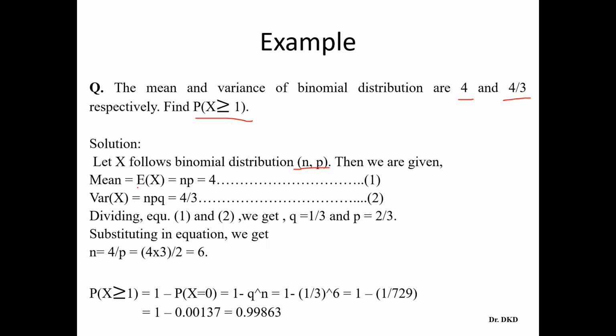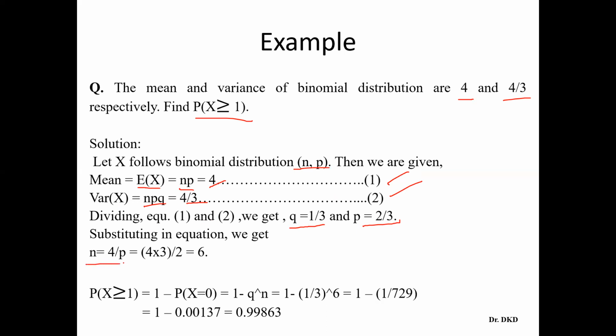The mean, the expectation of x, is np, which is given as 4, and the variance npq is given as 4 by 3. Dividing equation 2 by equation 1, we get q equal to 1 by 3 and p equal to 2 by 3.